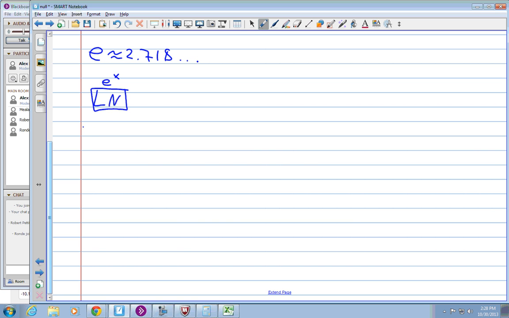If I ask you to compute e to the power 1, with a graphing calculator you'll probably have to hit second, then the ln button, and then 1, and then enter, right?